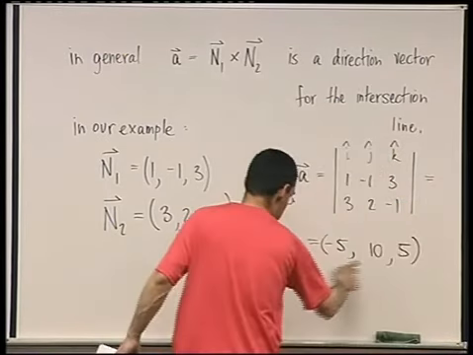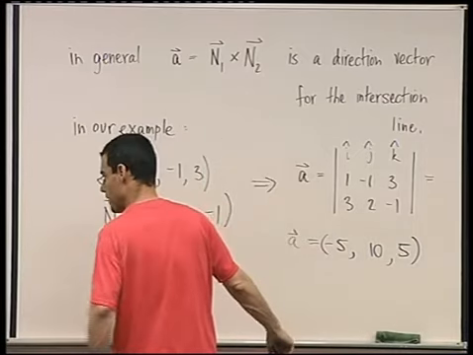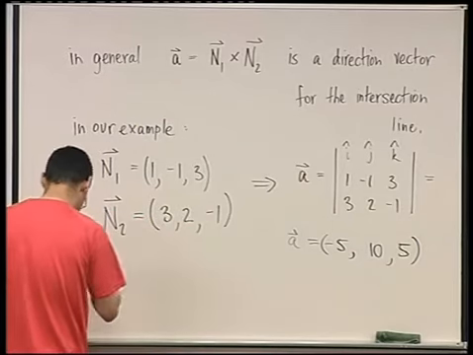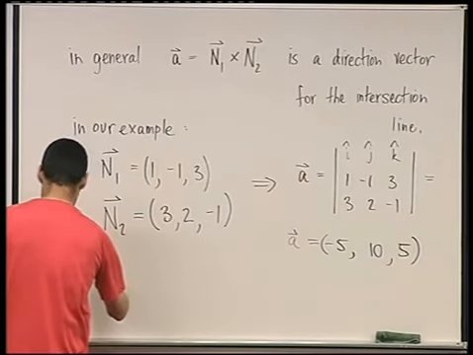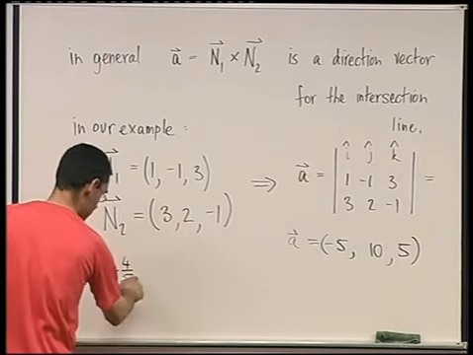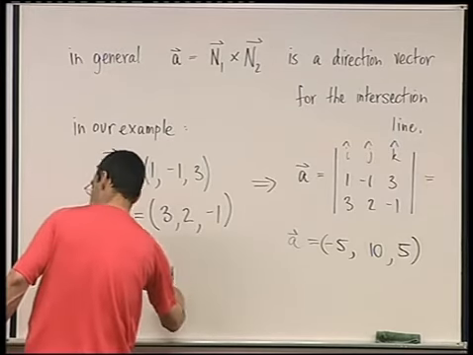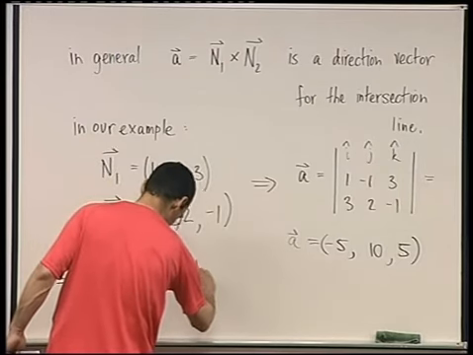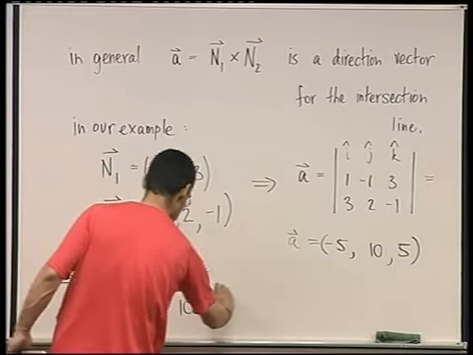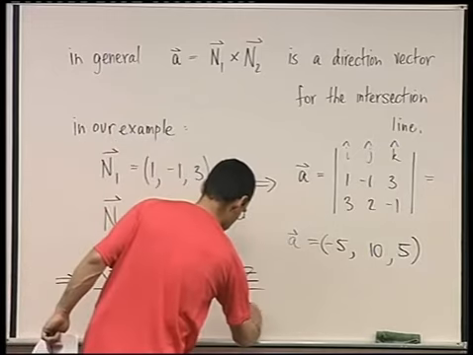So this is our A, this is our direction vector, and the point we found was 4 over 5, negative 11 over 5, 0. So, conclusion, the equation of the line, let's write it in canonical form: x minus 4 over 5, that's the x0, divided by negative 5, equals y plus 11 over 5 divided by 10, equals z minus 0, so just z divided by 5.